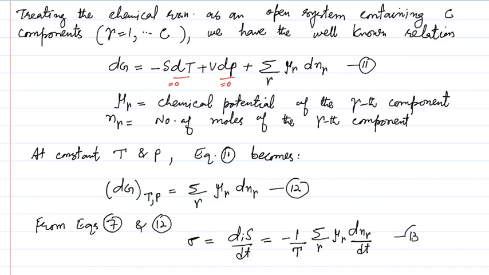So this is equation 13. We have simply put the value of dG at constant temperature into this relation.